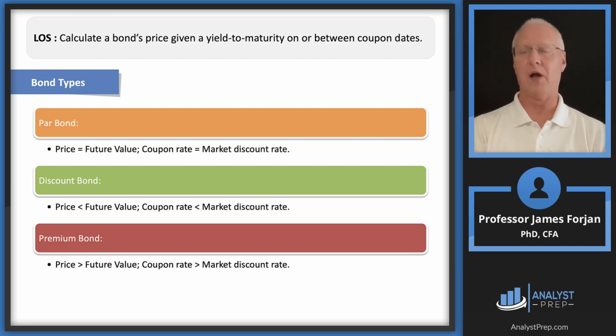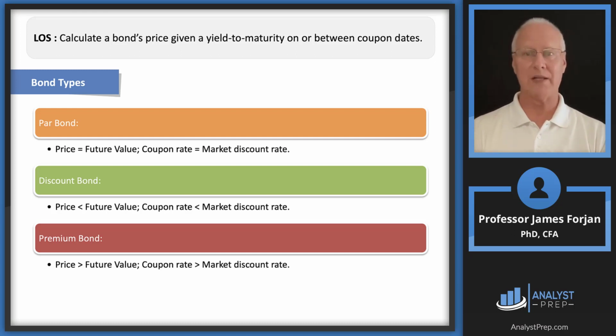So look at the discount bond. When the coupon rate is less than the market discount rate, now, what did I say just a moment ago? I say to my students, think of the yield to maturity as the current borrowing rate for that particular entity.